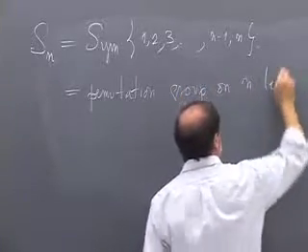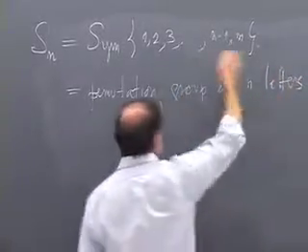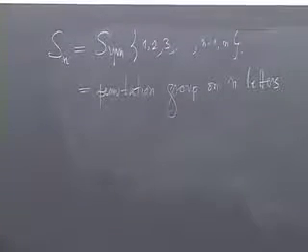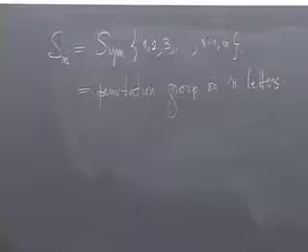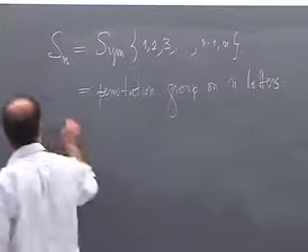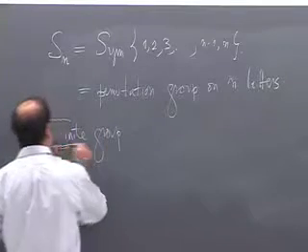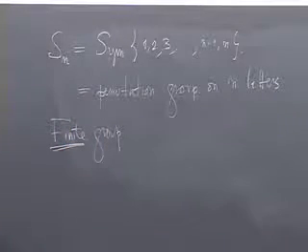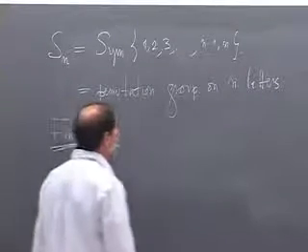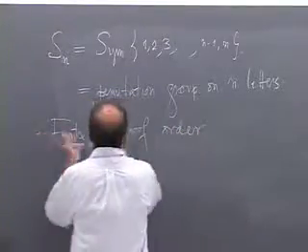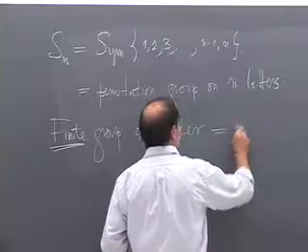Because an automorphism of this set just reassigns the places in line. And we saw that this is a finite group because there are only finitely many permutations of a set of n letters, and the order of it, that's the size of the set underlying the group, is n factorial.